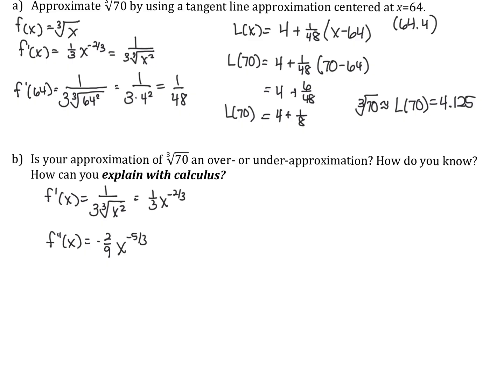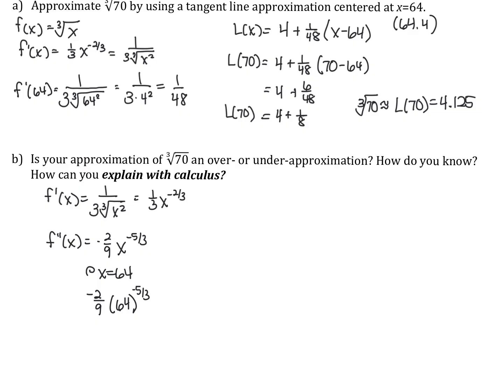And if I evaluate this at x equals 64, the nice point that we have, the one that we know something about, this would be 64 to the negative 5/3. What I want to know is if this is less than or greater than 0 to show its concavity.